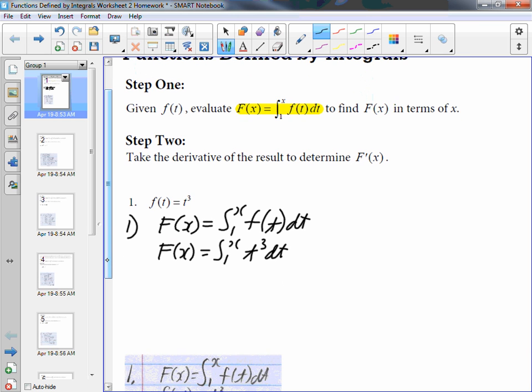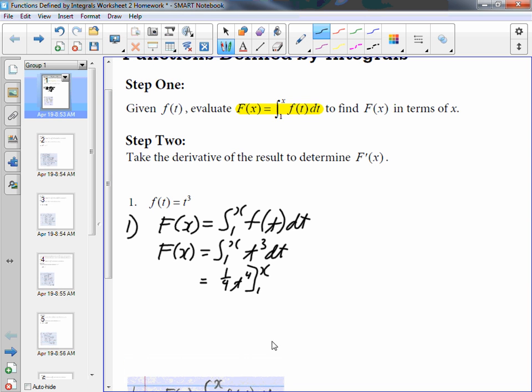All right? Well, we've done this kind of thing 100 times. So we take the antiderivative. That'll be 1/4 t to the 4th. We evaluate from 1 to x. And so that's still what capital F of x equals.